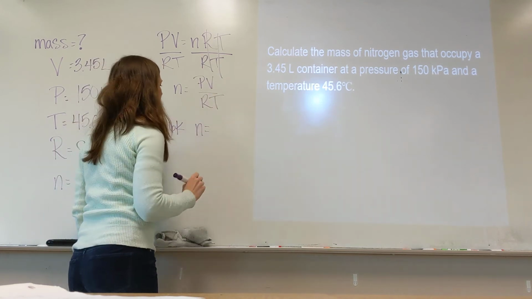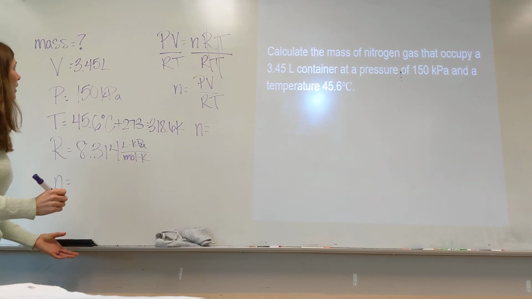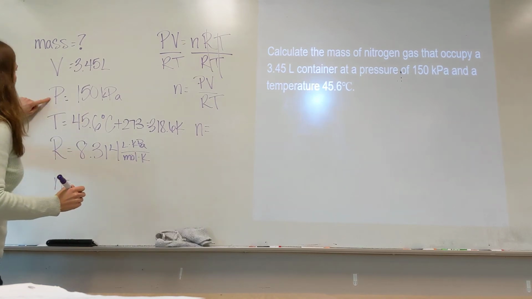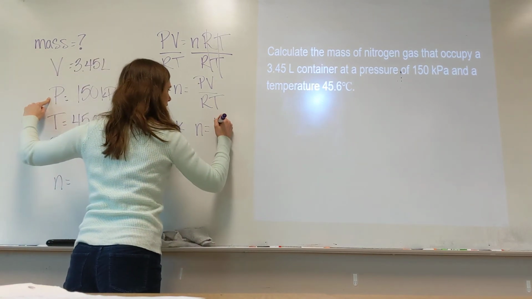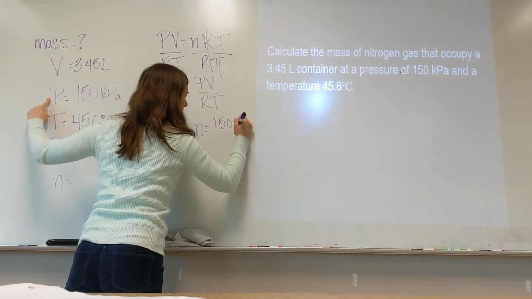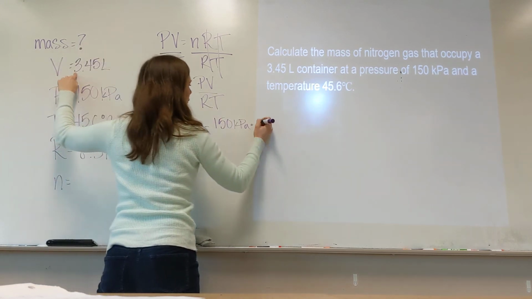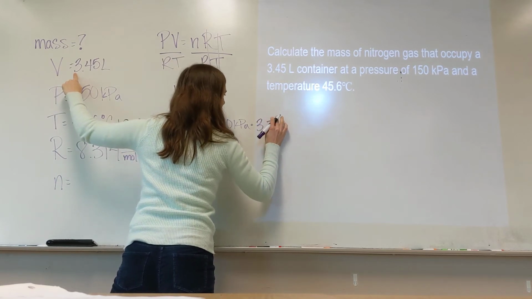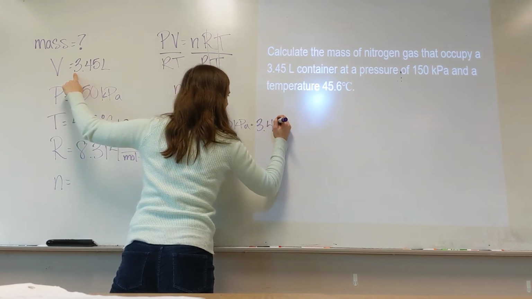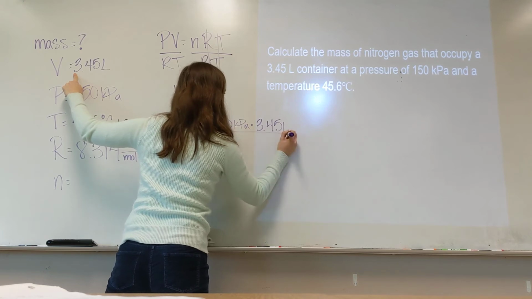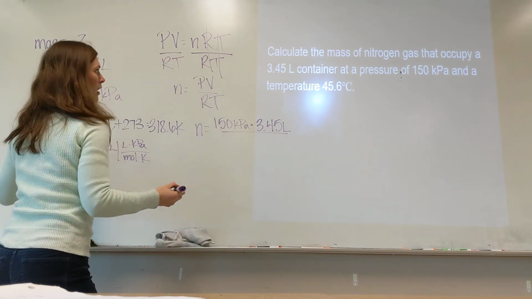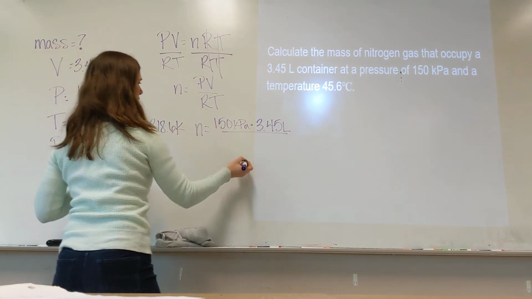So n is equal to P, 150 kPa, times my volume, 3.45, divided by my R value, 8.314.